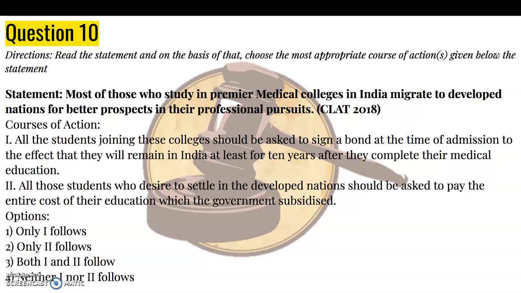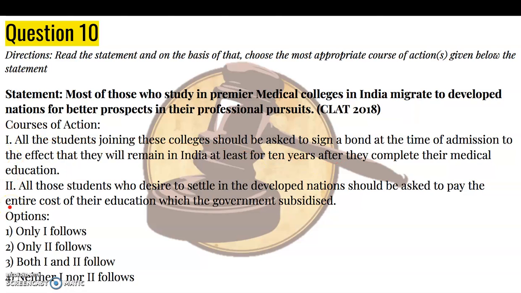The students should have the right to move abroad if they want to. I read in the news recently that the Supreme Court said that the right to travel abroad is a basic human right, which means it is under Article 21 of our Constitution. Anything that is against our laws or the Constitution will not be a valid course of action. So we can eliminate one.